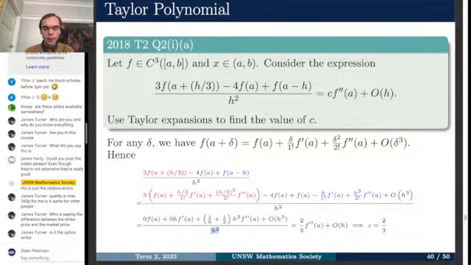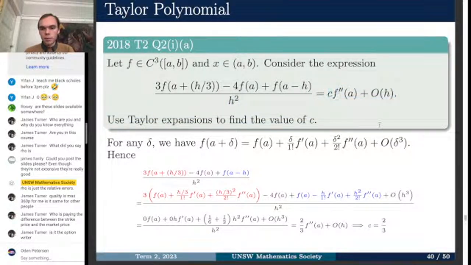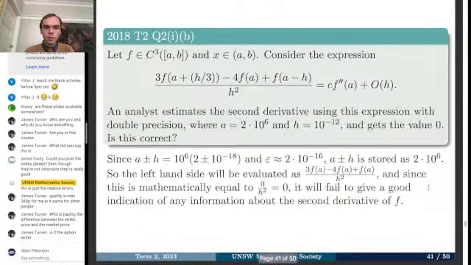So if we bring in this denominator, we can cancel that with 2 factors of h here, and we end up with this equation. If we compare that to the right-hand side of this expression, we can see that it matches up exactly where C is 2/3. So that's for this question.